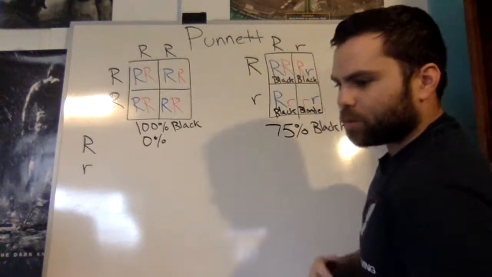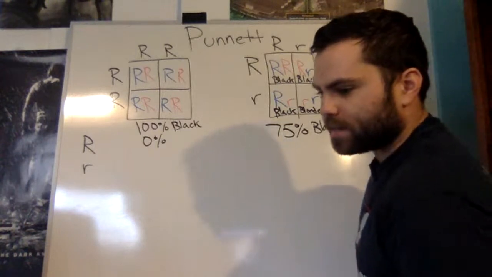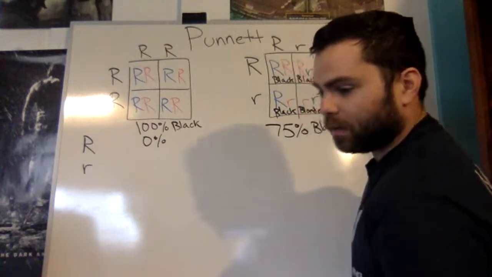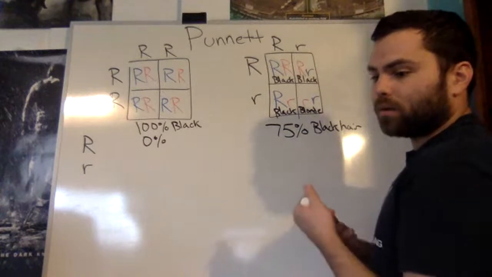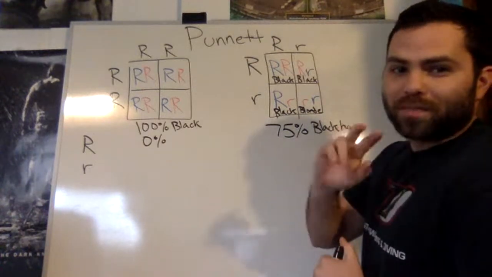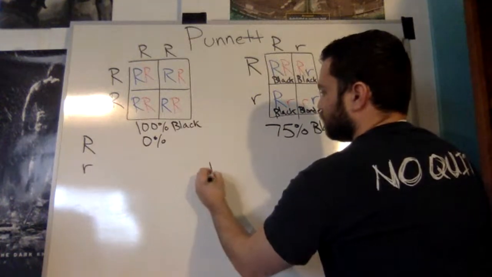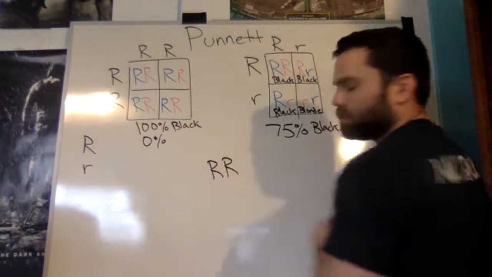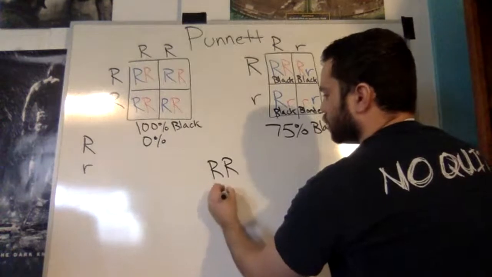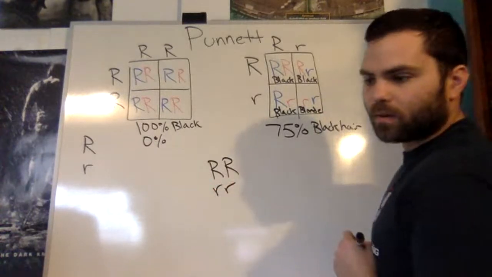So number 3 was which of the following is not a homozygous allele? So remember, homozygous, that means that they're both the same. So you either are 2 uppercases or 2 lowercases. Okay?